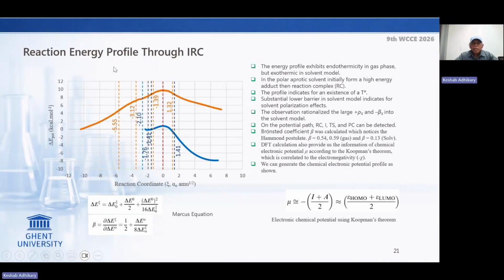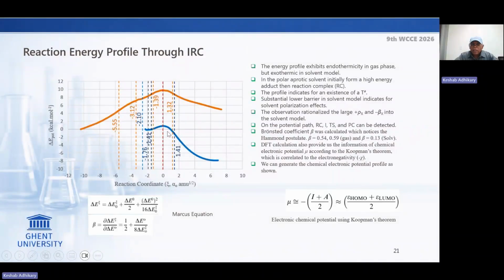Here we calculate the reaction profile for the IRC path. From this IRC path, it clearly indicates the different states of the structure on the path, for example, reaction complex, intermediate, TS, product complex, etc. Red is for the gas phase, and blue is for the solvent phase.